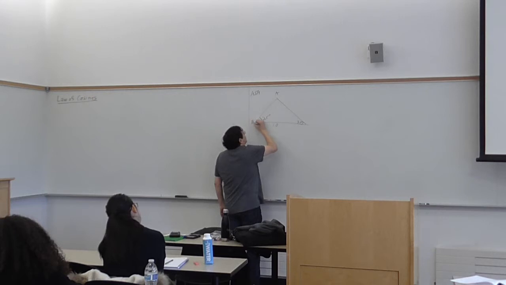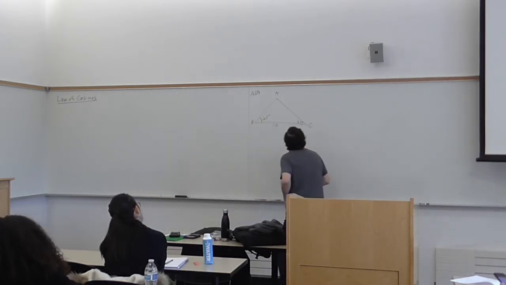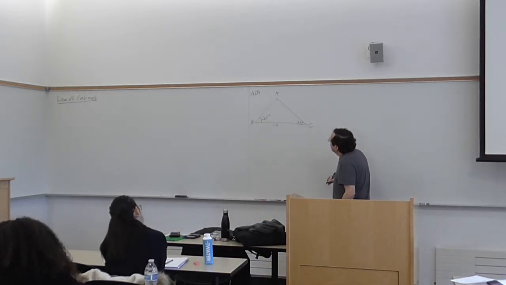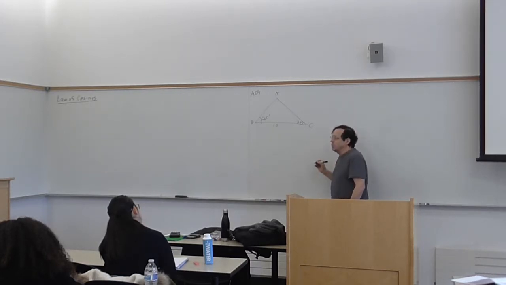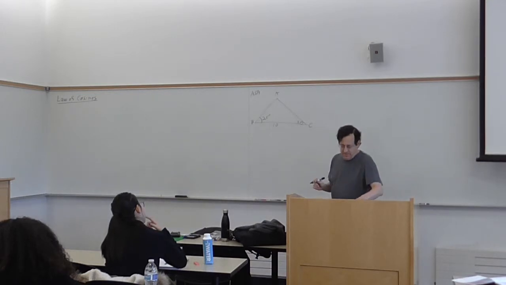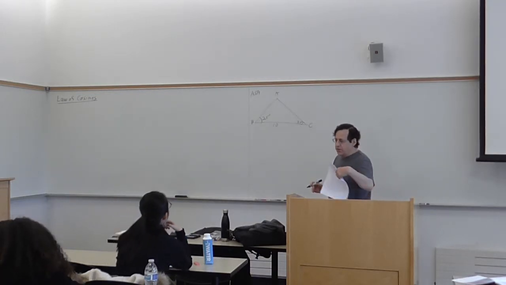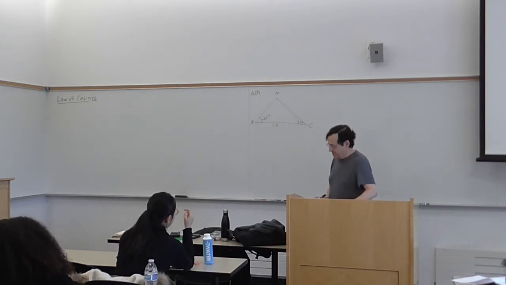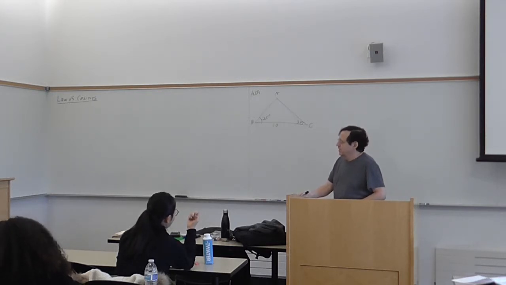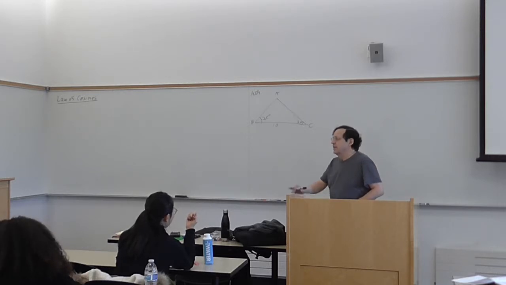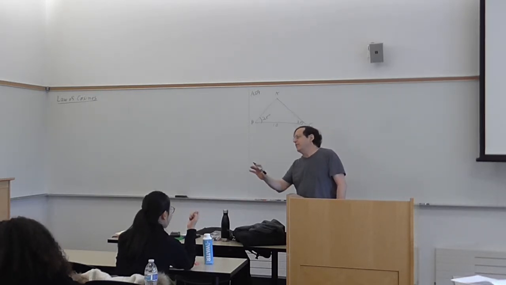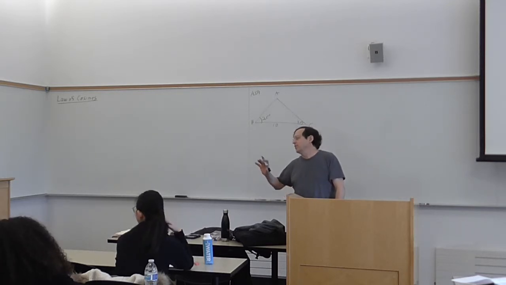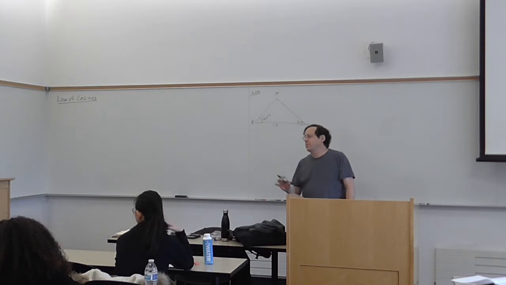A, B, and C. Okay. Wait a minute. I think you're on the right track. Give it a second. Alex, it's okay to drown a little, right? It's okay, that's how we learn.